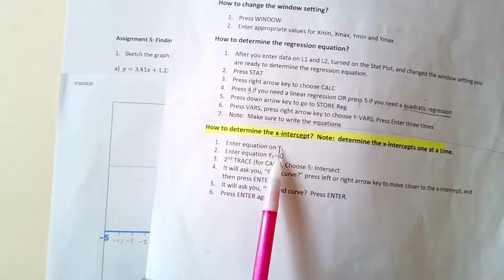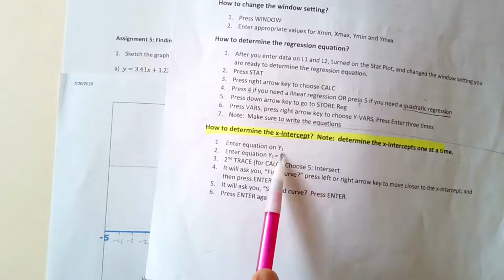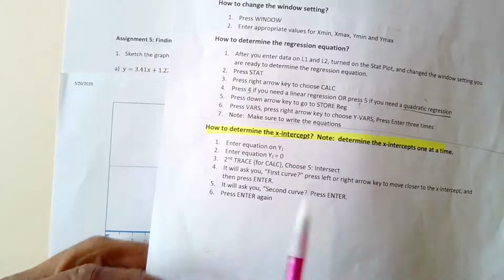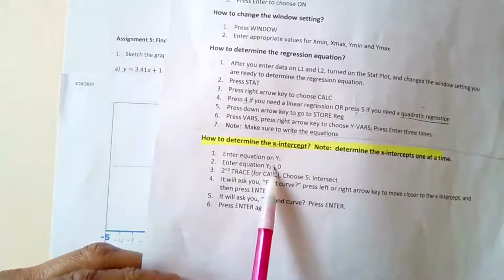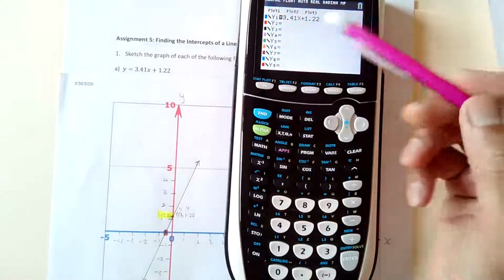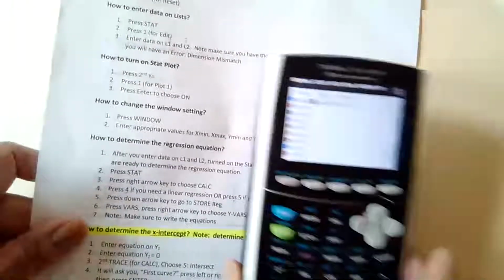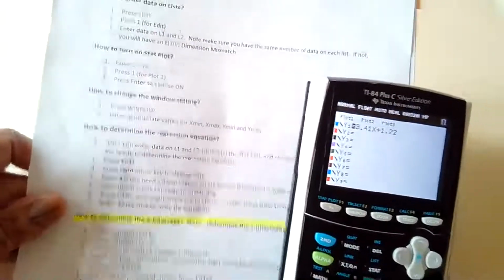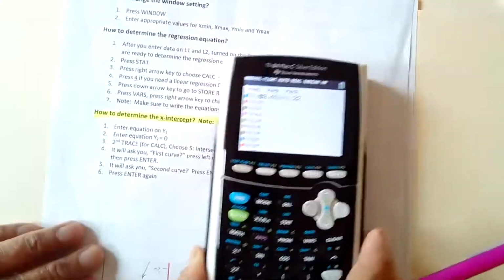It said enter here your equation, y1. Now it asks you to put in the y2 as y equals 0. So I go back to my y equal button. So here's my equation, which is, I'm just going to show you here. Instructions.